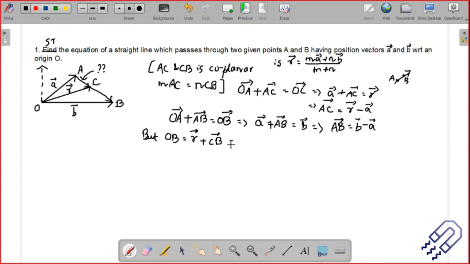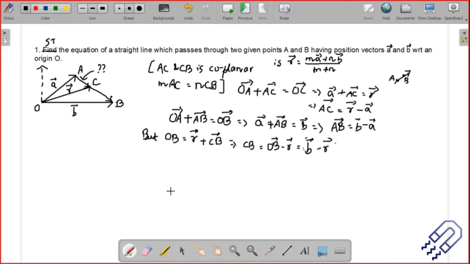Or we can say CB is equal to, everyone should pay attention here, OB bar minus R. What is R? Maybe we don't need to place R here. So you can just put it as B bar minus R.